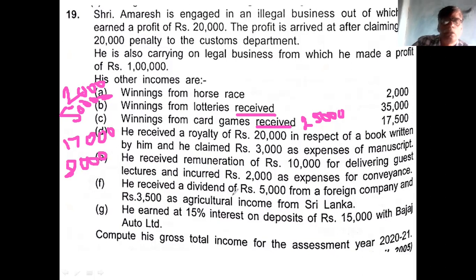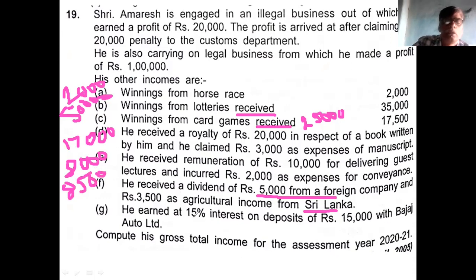He received dividend from foreign company. Dividend from foreign company is taxable, 5,000. And income from agriculture in Sri Lanka. In Sri Lanka means outside India. It is also taxable. So F, find total 5,000 plus 3,500, 8,500.